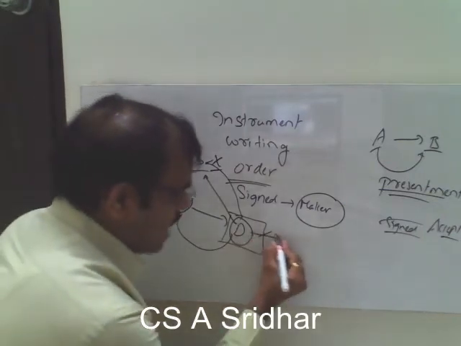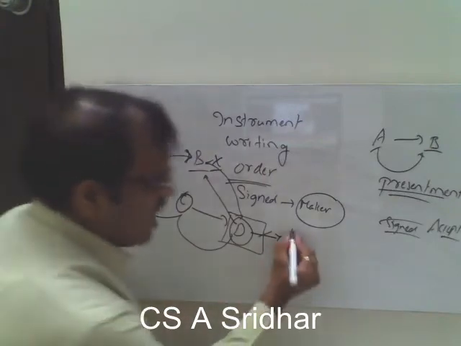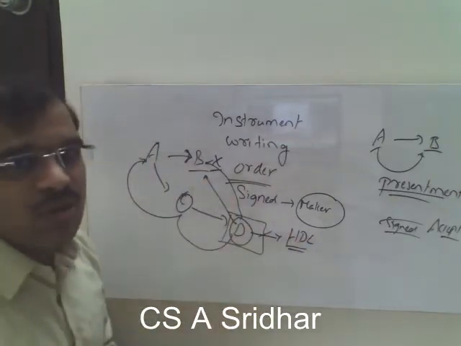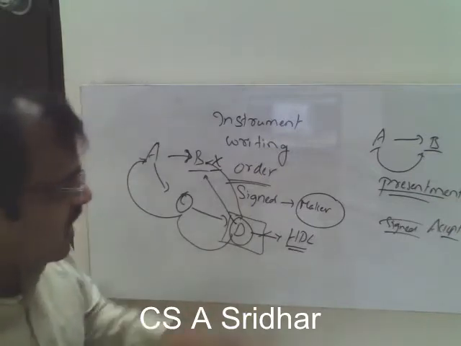So here, as per the NI Act, D is called as holder in due course. We are going to discuss in detail about the holder in due course at the intermediate level again.